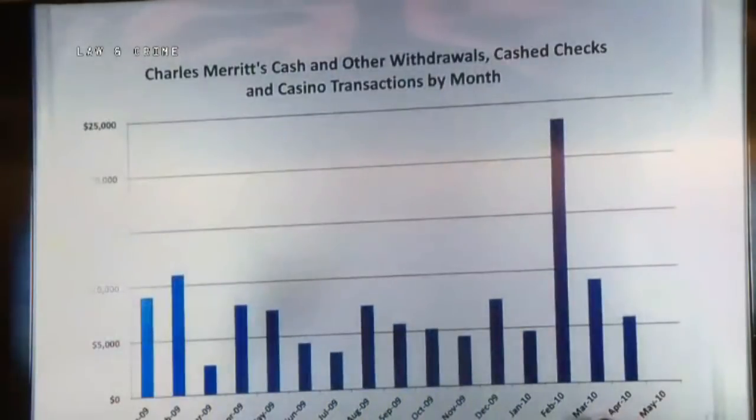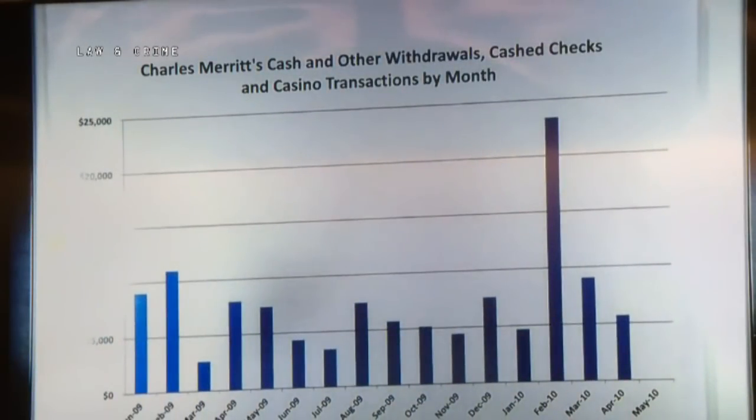showing you what's been marked as People's Exhibit 880 for identification purposes. Can you tell us what this is? So this is a chart showing the totals by month of all the cash withdrawal type transactions that we talked about earlier, as well as transactions at casinos. This groups them together, and it gives a monthly amount for each of those combined.